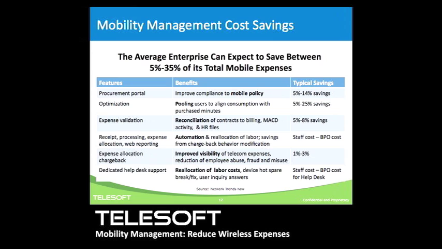Okay. So the average enterprise can expect to save between 5 and 35% of its total mobile expenses. And the more research that Telesoft does and that I've done personally, we see that percentage actually going a little higher than 35%. So that's a huge cost savings. And if you look at the features of what you can save on and what those benefits are, you can see that your typical savings can be huge.